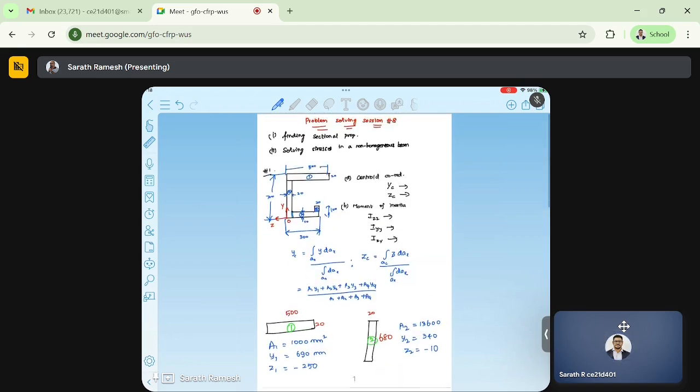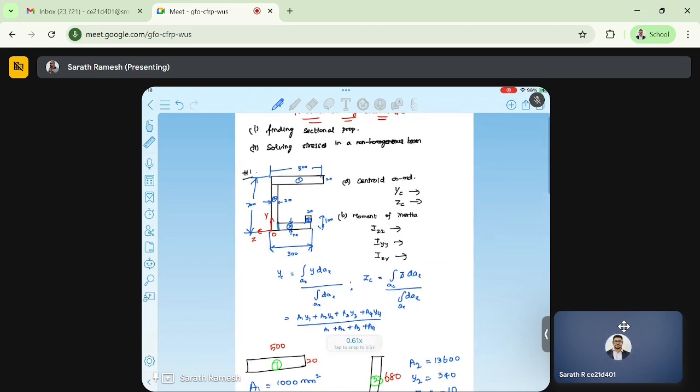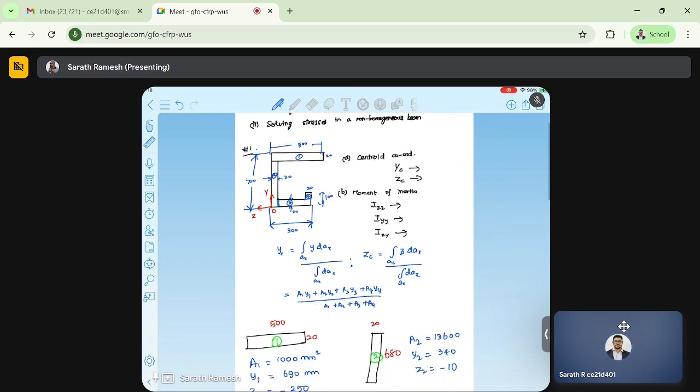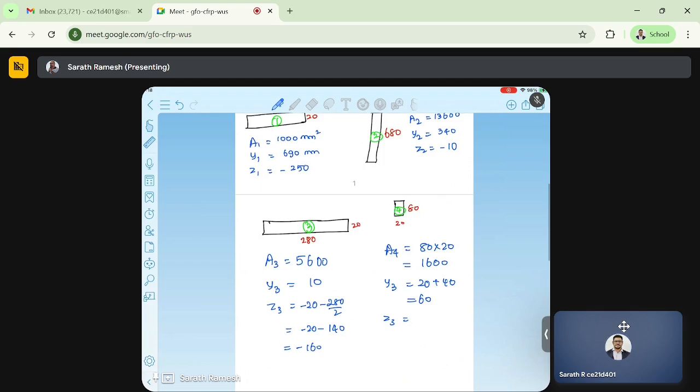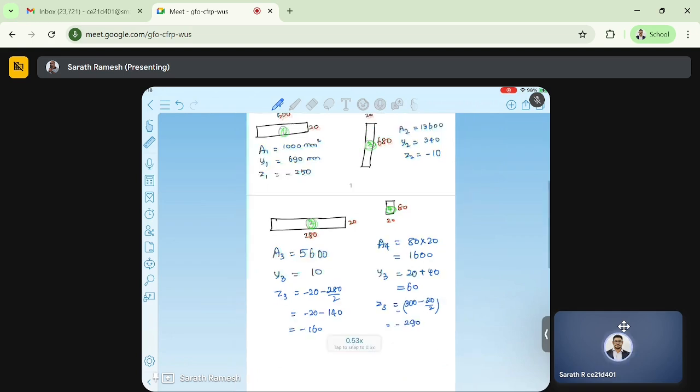Z3 will be 300, negative of 300, and minus this 10. So 300 minus 20 by 2. This is negative of this. So it is negative 290. Okay, I hope all the values are right.